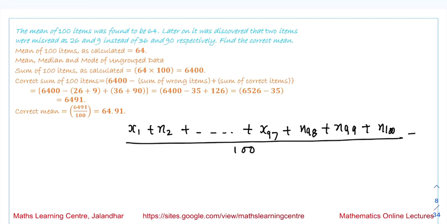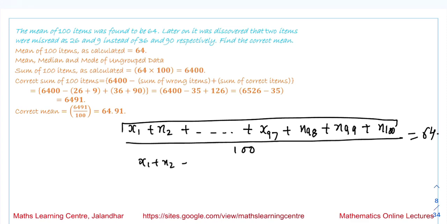The value of the mean is 64, so the sum of these 100 observations is 6400.